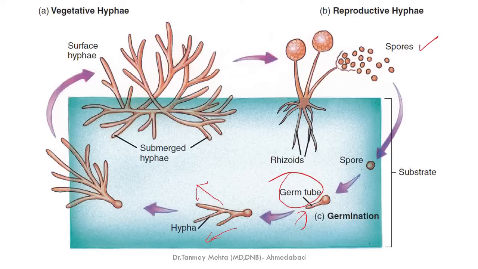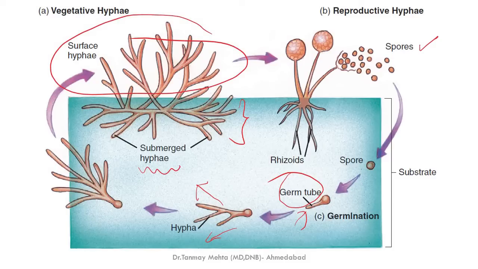The portion which remains within the substrate or culture medium is known as submerged hypha, and the portion which we see above the substrate, or above the surface, is known as surface hypha. So hyphae are the vegetative structure, and spores are the reproductive structure, and this classification is solely based on the spores which it produces.